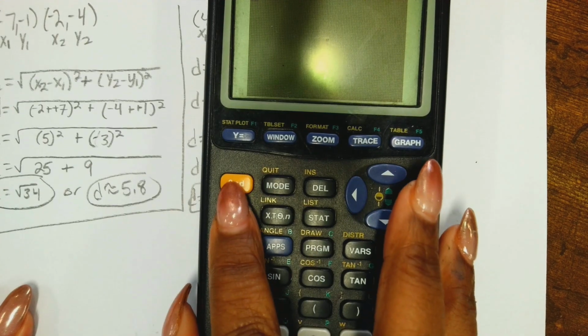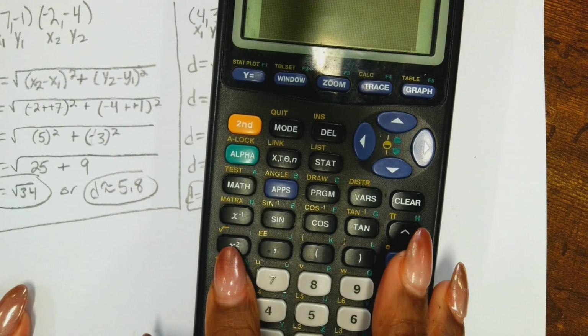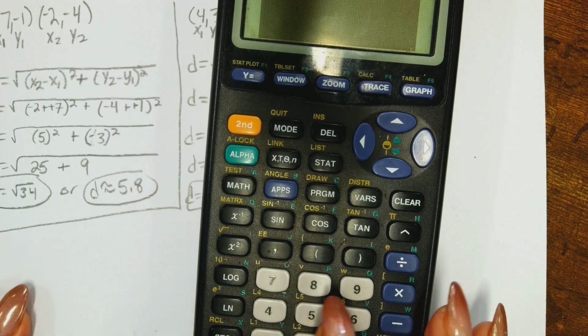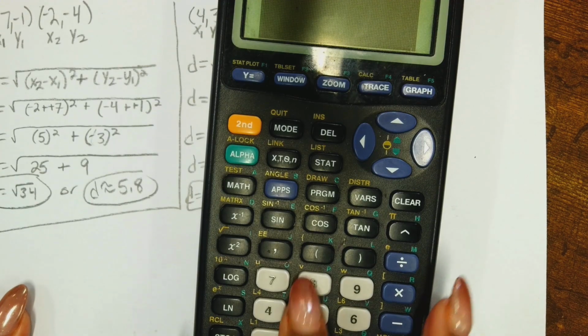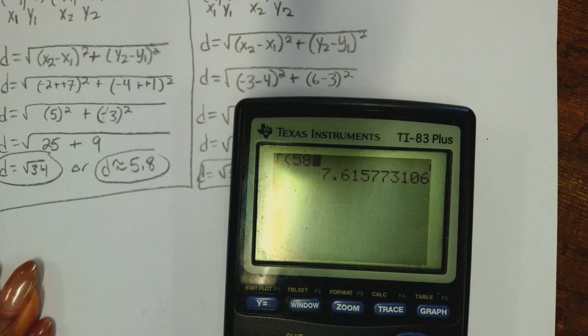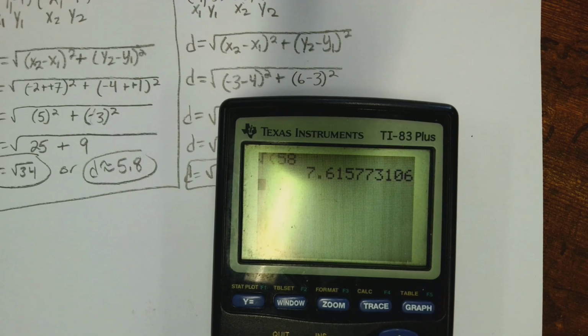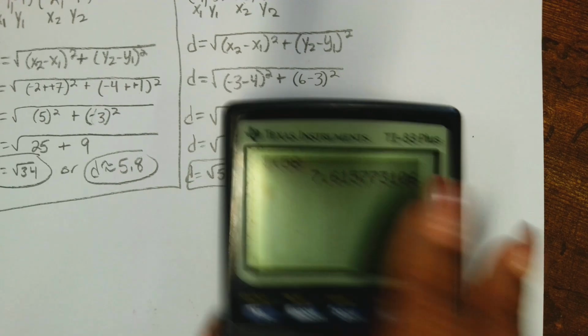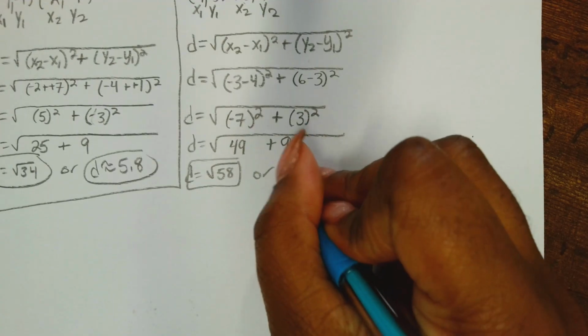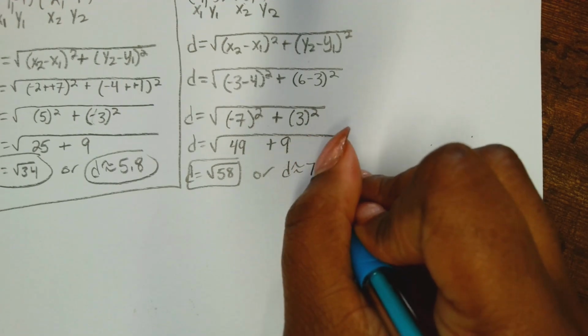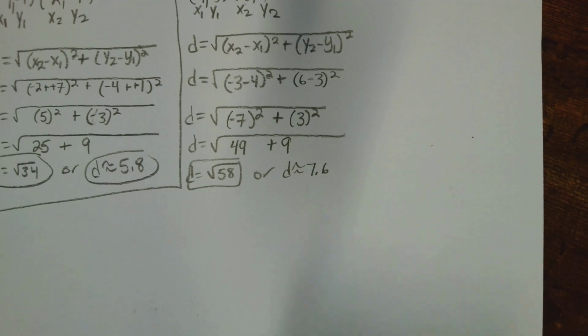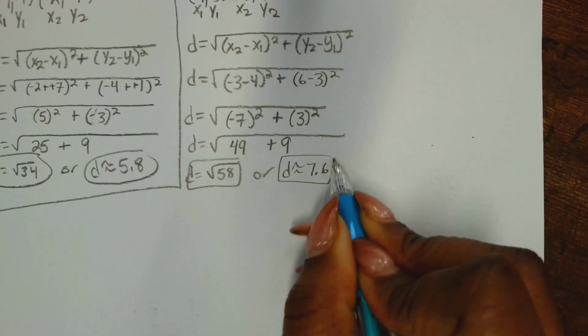We press the second button and the x squared button, and then we type in 58. I'm going to truncate, cut the decimal off after the 1, in the 10th place. So that's going to be 7.6. Or D is about 7.6. The squiggly lines mean about.